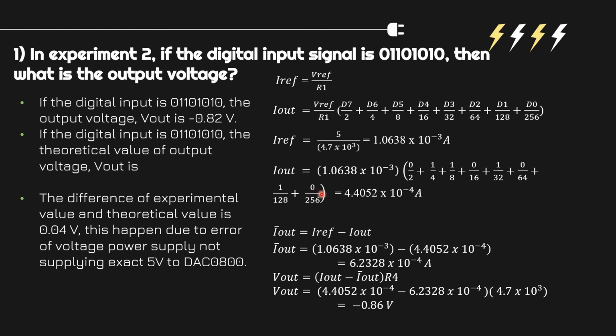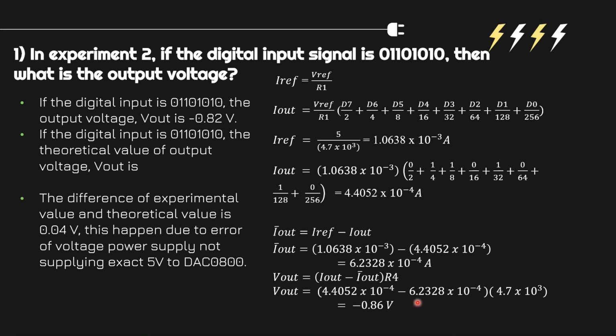And the I out, we got 4.4052 times 10 power of negative 4 ampere. So for the I bar out, we got 6.2328 times 10 power of negative 4 ampere, and V out we got from the formula I out minus I bar out times R4, which we got negative 0.86 volt.